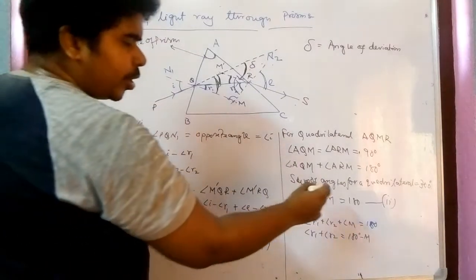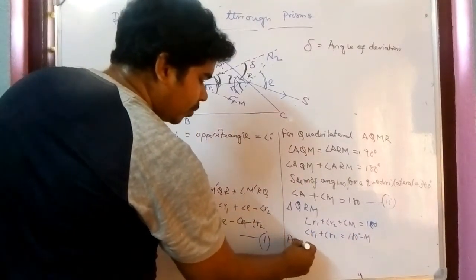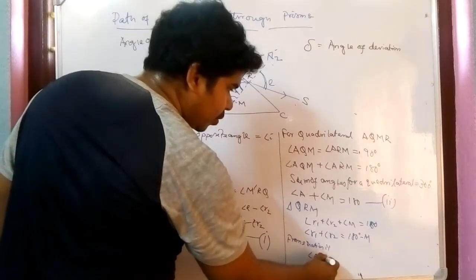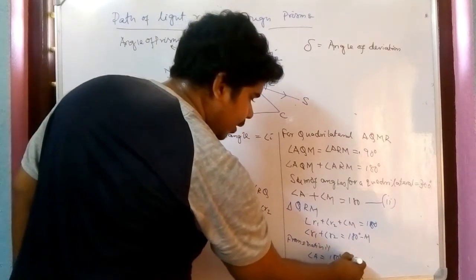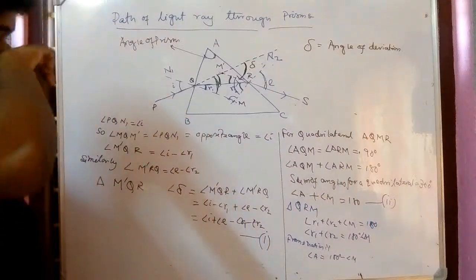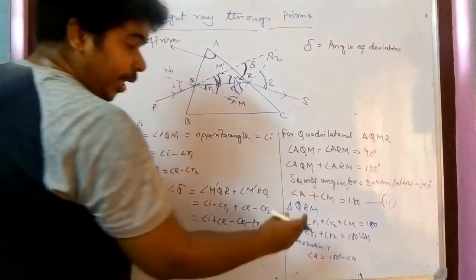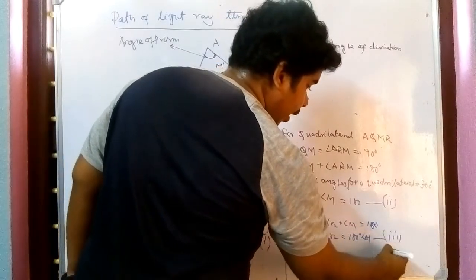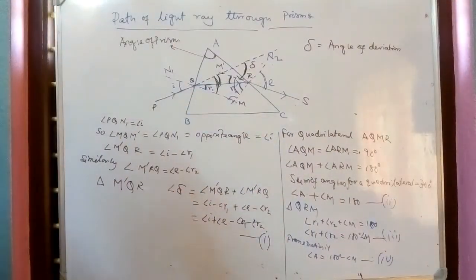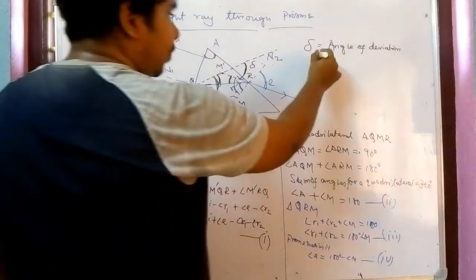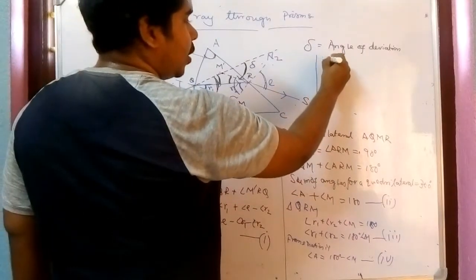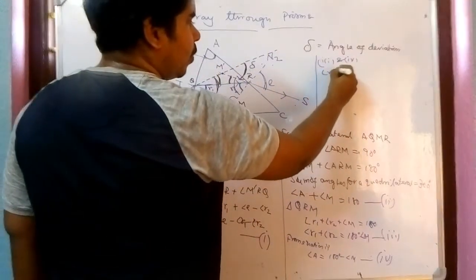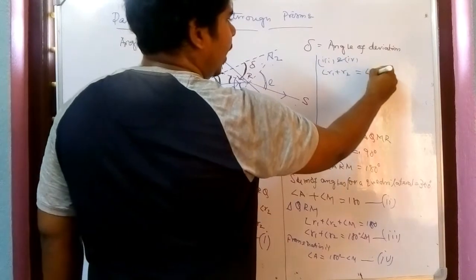And from equation 2, angle A equals 180 degrees minus M. So R1 plus R2 equals 180 minus M, and A also equals 180 minus M. Giving these numbers 3 and 4, from 3 and 4 we can write that angle R1 plus R2 equals angle A.